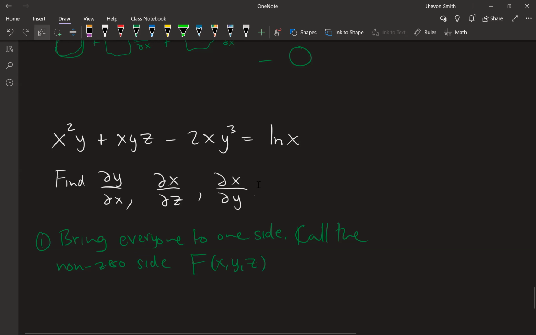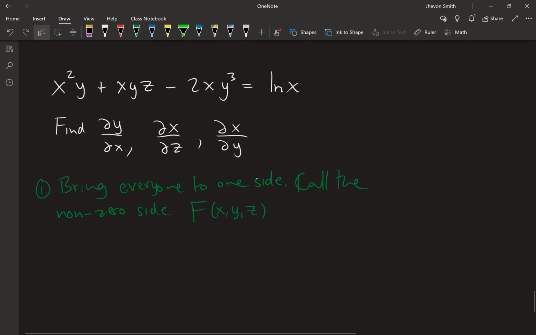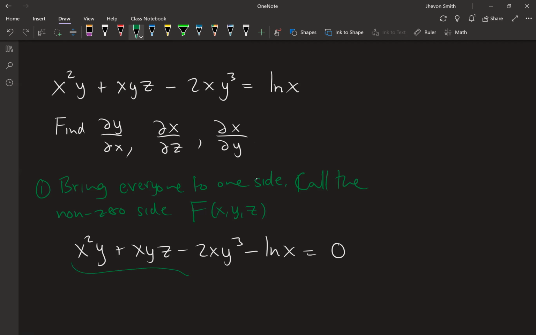So my first step is going to look like x squared y plus xyz minus 2xy cubed minus ln of x equals 0. And I'm going to look at this guy here as my big F.